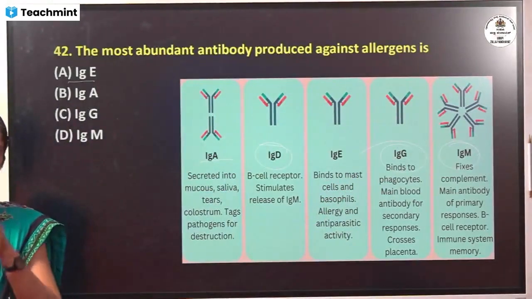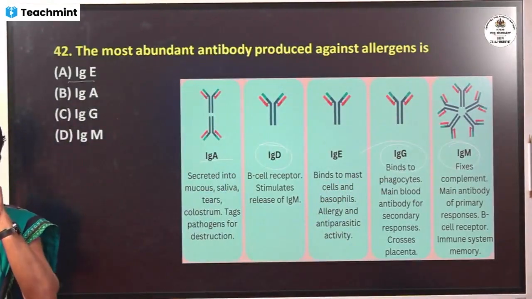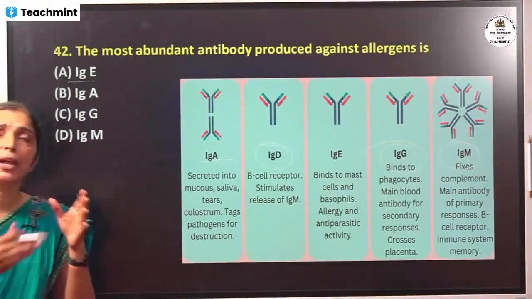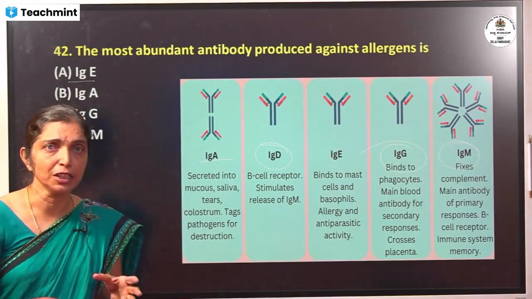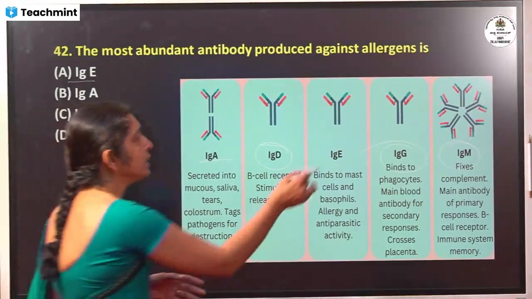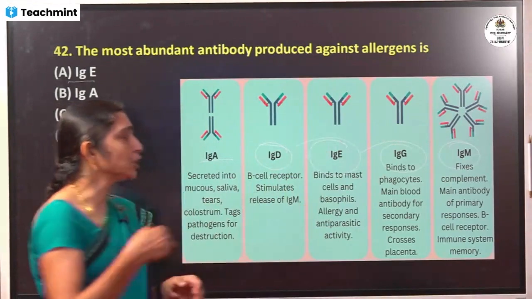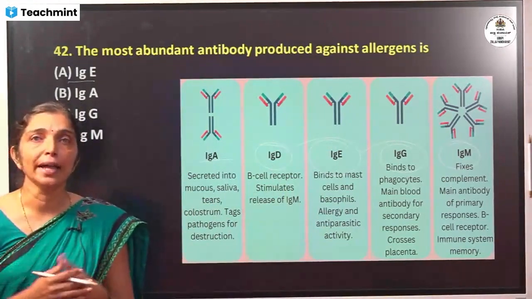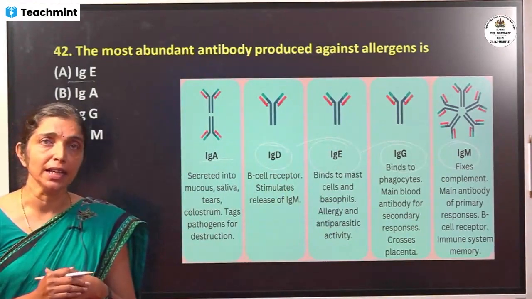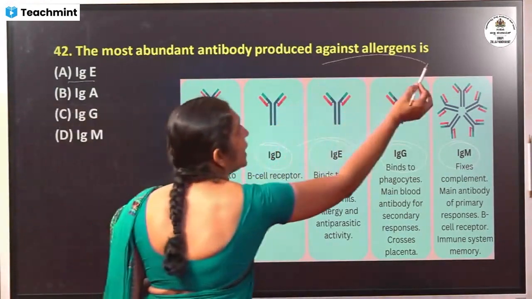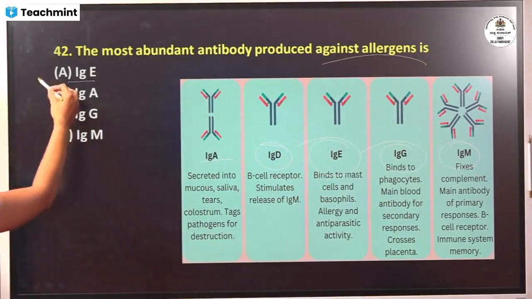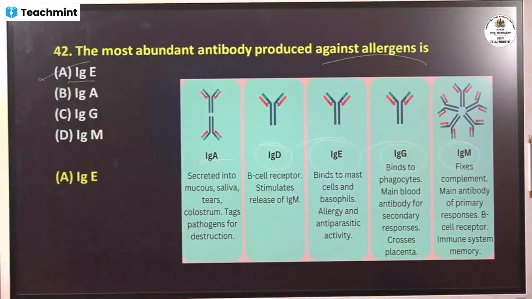This is the main antibody present in your blood in secondary responses. And IgE is actually meant for allergy and antiparasitic activity. So which is the most abundant one against allergens? Definitely it is IgE.